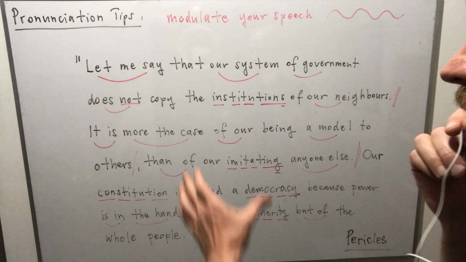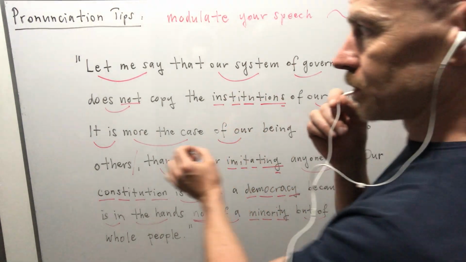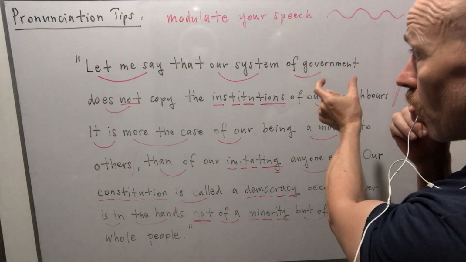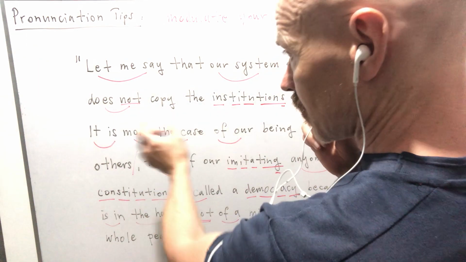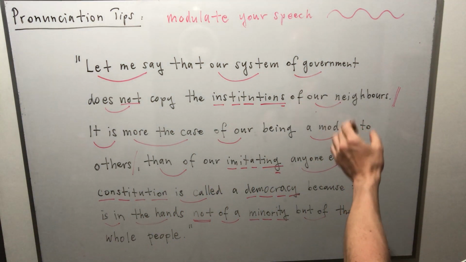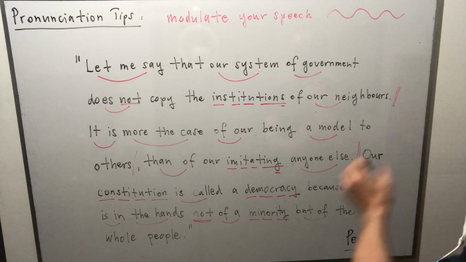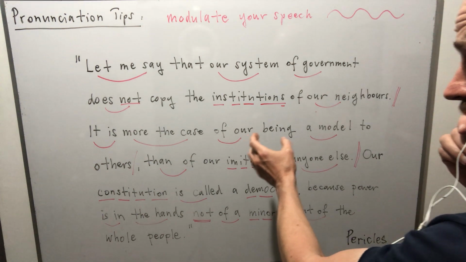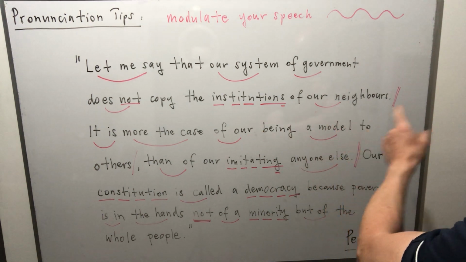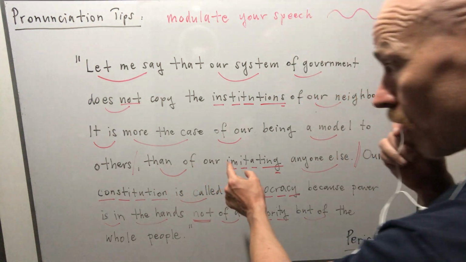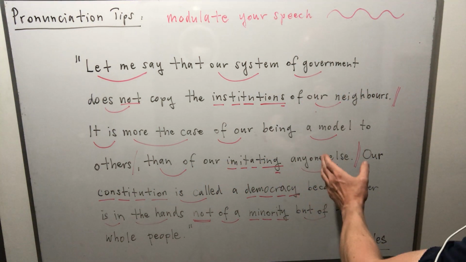Now the other ones we see here, these are words we commonly group together. Let me say that our system of government does not copy the institutions of our neighbours. It is more the case of our being a model to others than of our imitating anyone else.